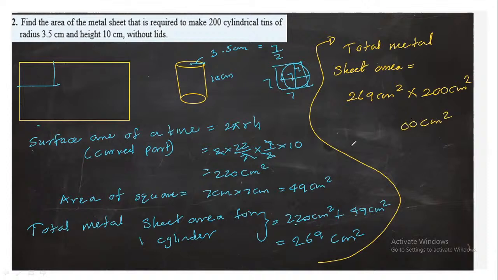Add 2 zeros to the end of this and multiply this by 2. 2 times 9, 18, 1 remaining. 2 times 6, 12, and that 1, 13. 1 remain. 2 times 2, 4 and 1, 5. So it is 53,800 square centimeter. We need that much. Right?